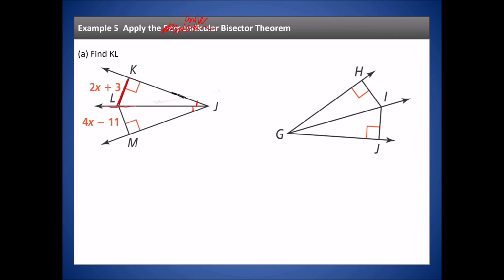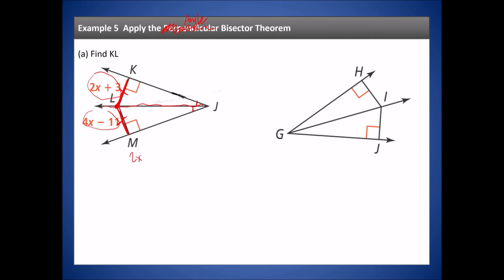So this right here is my bisector. Since we're on the bisector, the distance from that point, which we call point L, to either of those sides has to be identical by the angle bisector theorem. And so I know that these two sides have to be the same. So this has to be congruent to this.